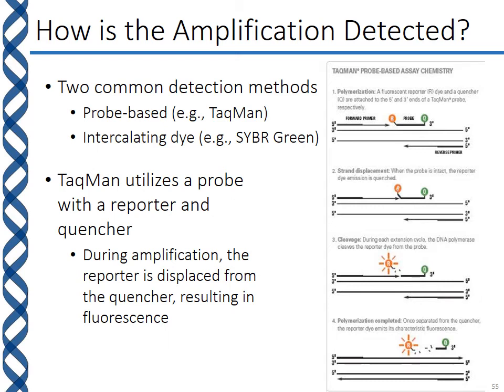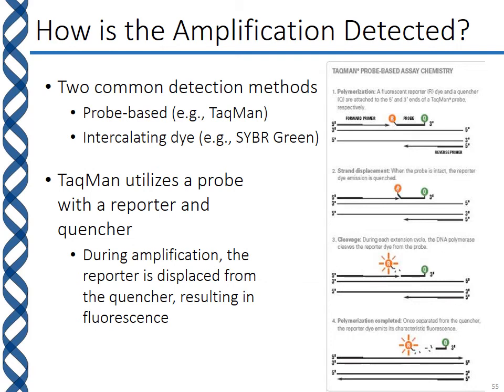So if you look in the diagram on the right, at the top part, the number 1 polymerization part of the diagram, you see your forward primer on the left, your reverse primer on the right, and then you have this third molecule called the probe. It hybridizes to the DNA.